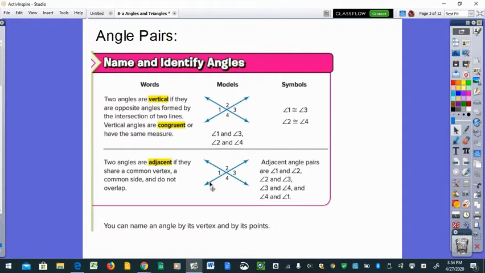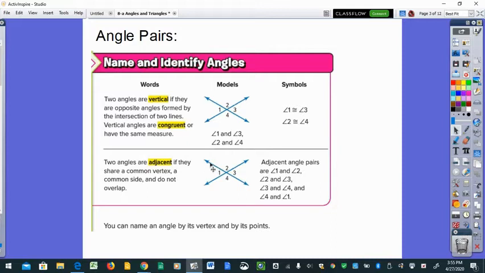If two angles are next to each other, now I want you to think of your house, your apartment, and your neighbors. And if it's two houses, you share a boundary line. So if you look at angle 1 that I'm tracing right now, and if you look at angle 2 that I'm tracing right now, they share this boundary line.